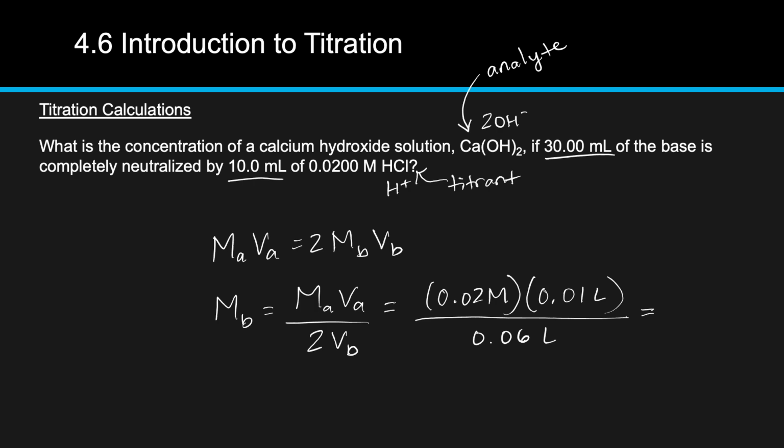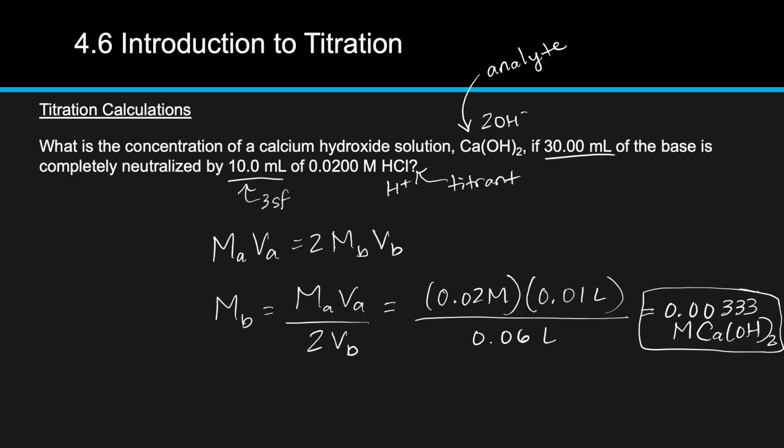So our lowest number of sig figs is 3 from 10.0, so our concentration would be 0.00333 molar Ca(OH)2. And you can either leave it like that or you could put it in scientific notation at 3.33 times 10 to the negative third concentration of Ca(OH)2.